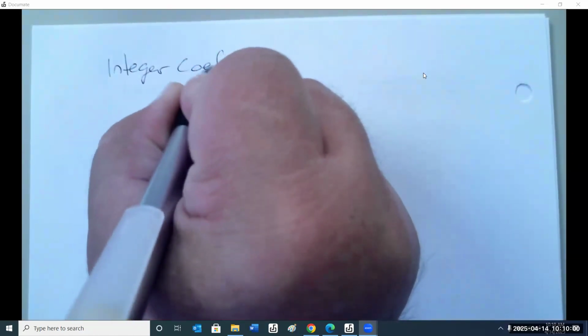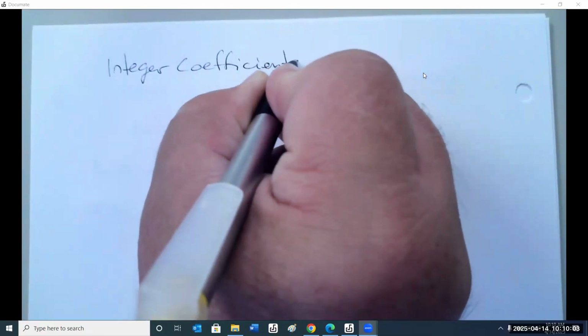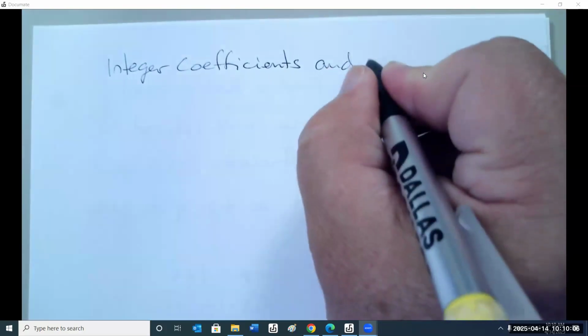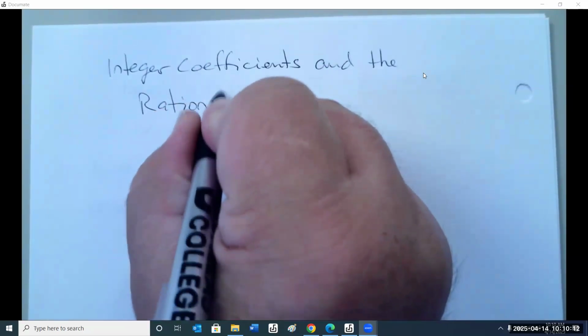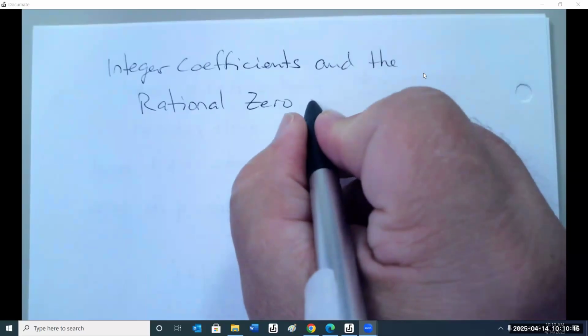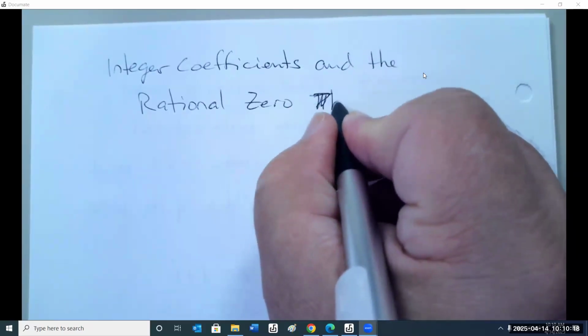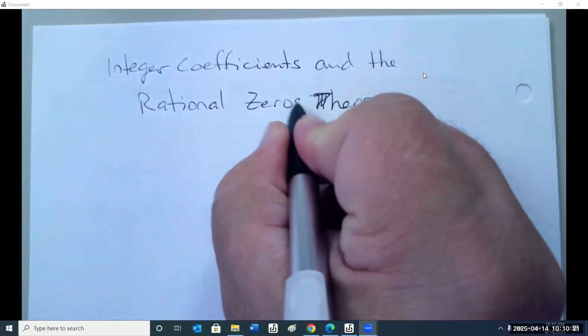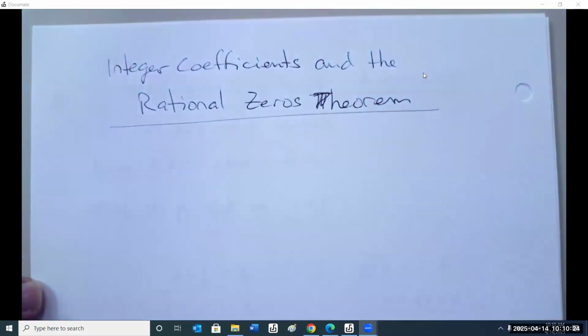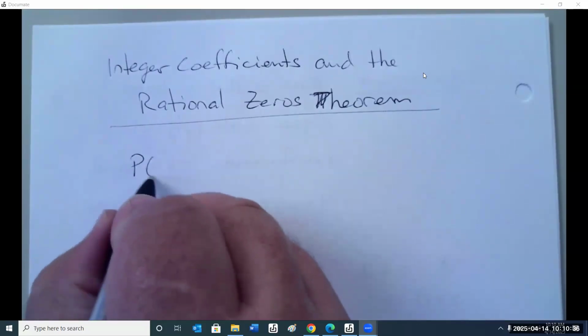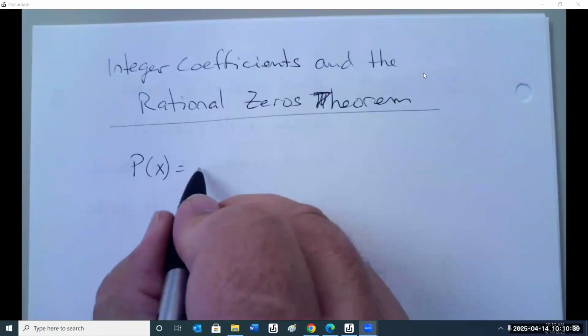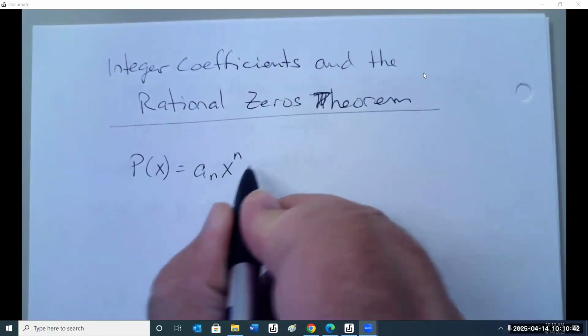Look at integer coefficients and the rational zero theorem. Rational zero theorem says this. You have a polynomial of degree n.